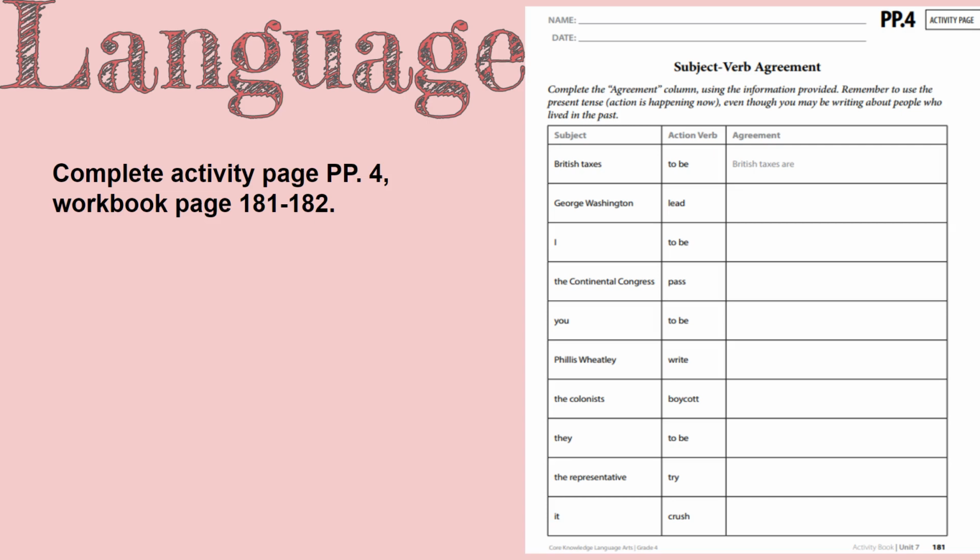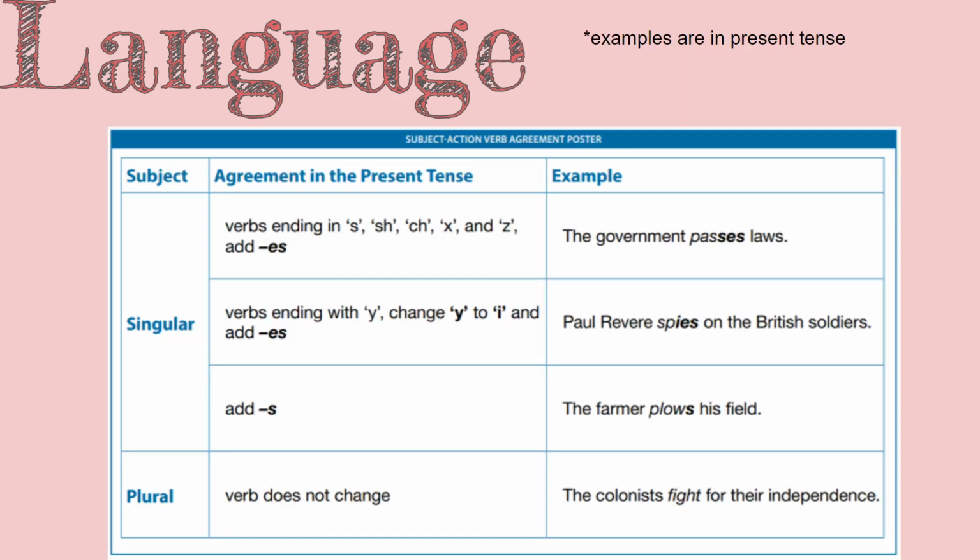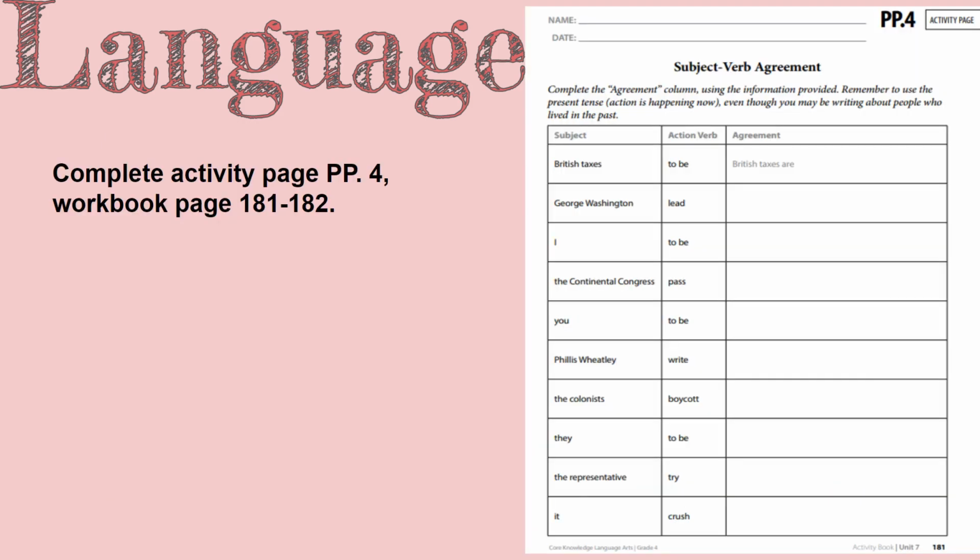So I'm going to ask you to pause the video and you're going to go through the rest of the chart and identify the subject. Think about if they're singular or plural. Look at the action word, and you can certainly use this chart on the directions page to help you. When you've finished the chart on page 181, I would like you to unpause the video and take a look at my answers and compare them to yours.